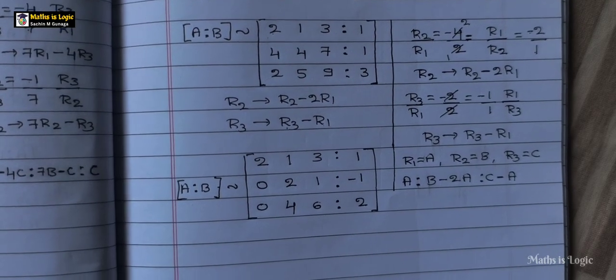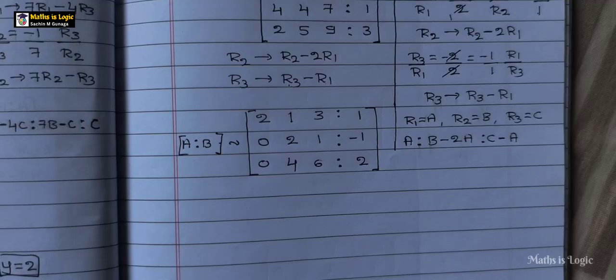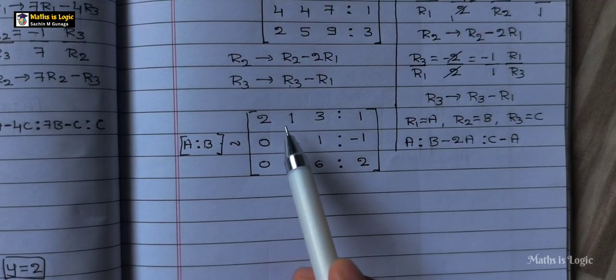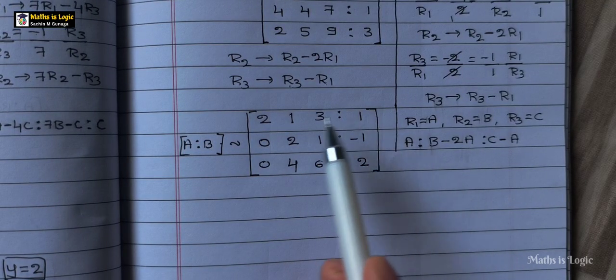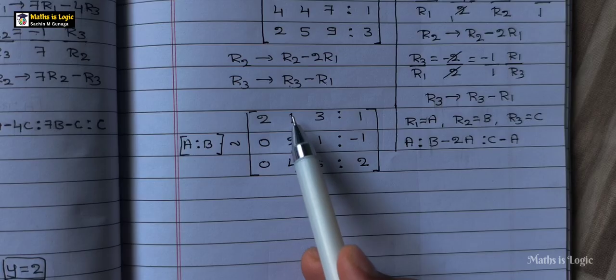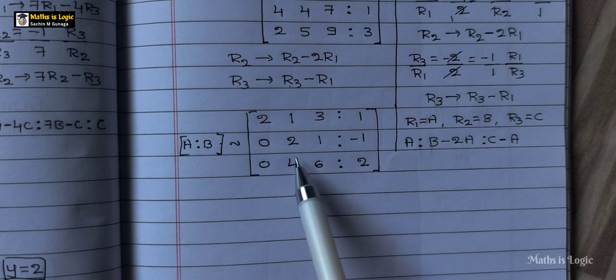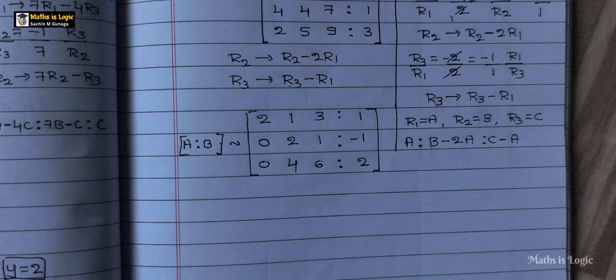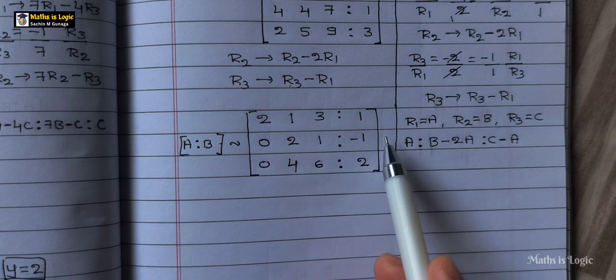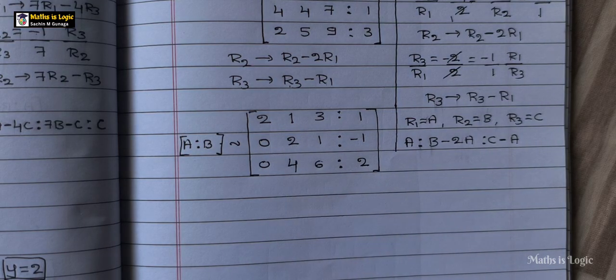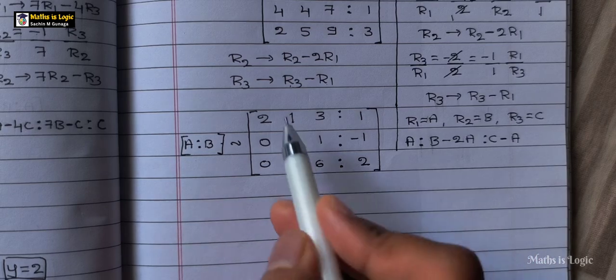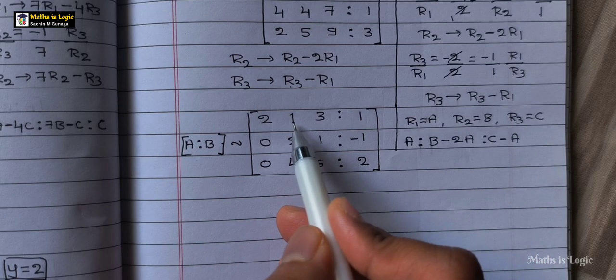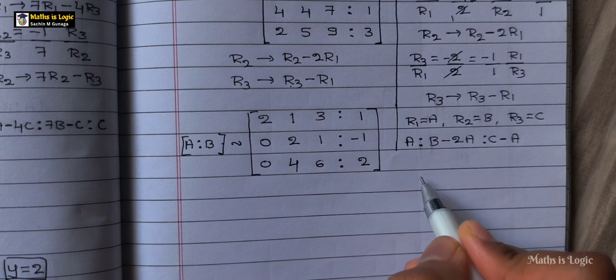After this, the next step is: the first row second element and the last row second element, we have to make 0 by using this R2 second element. Therefore, first I consider this as the R1 value.